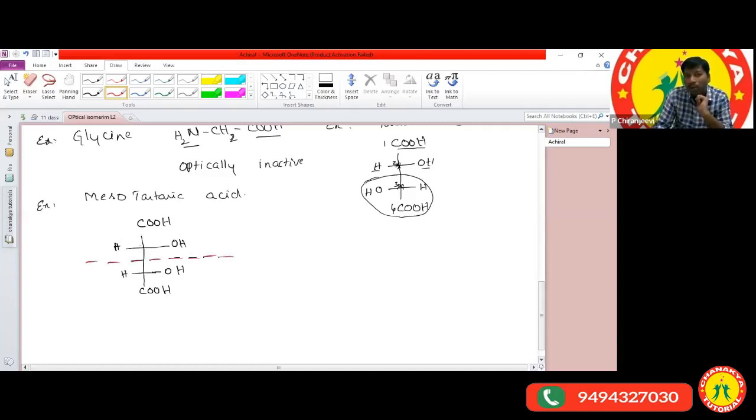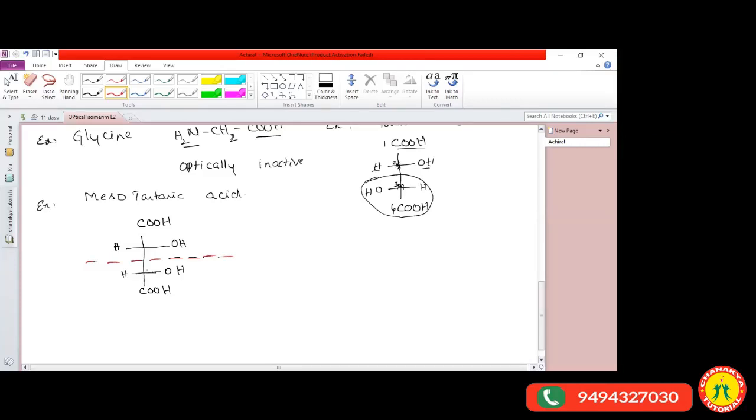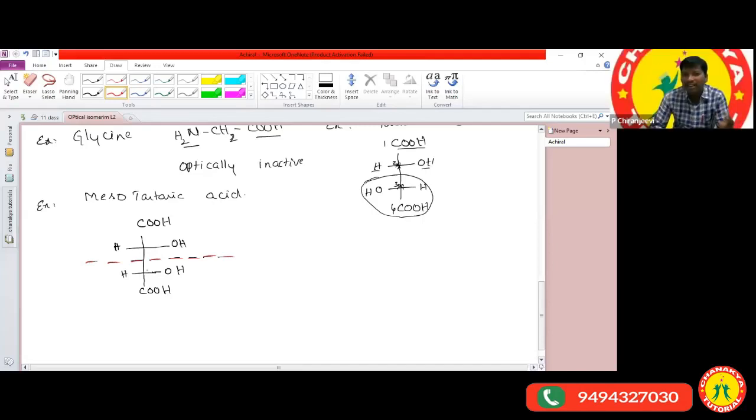Above one and below one, both are the same or different? The same. So if the compound has any kind of symmetry, it becomes optically inactive.